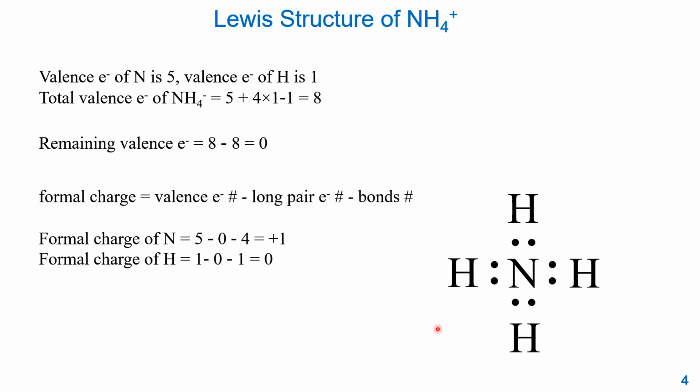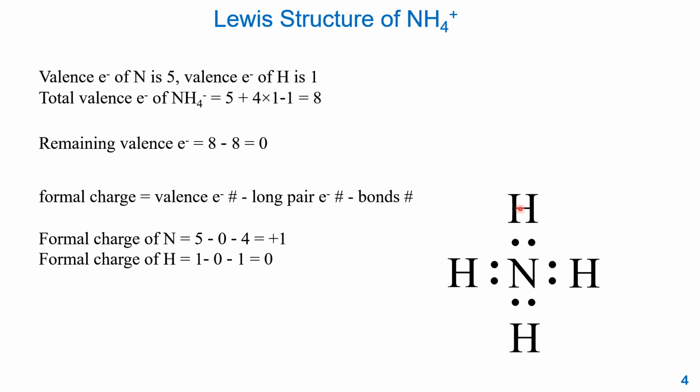That's good. So for formal charge separation, we calculate nitrogen: 5 valence electrons, minus no lone pairs, so 0, and there are 4 bonds, so minus 4, which is plus 1. The formal charge of hydrogen: valence electrons number 1, minus no lone pair, and 1 bond.